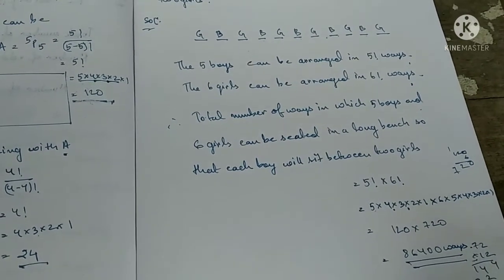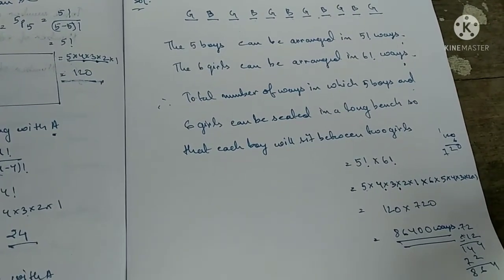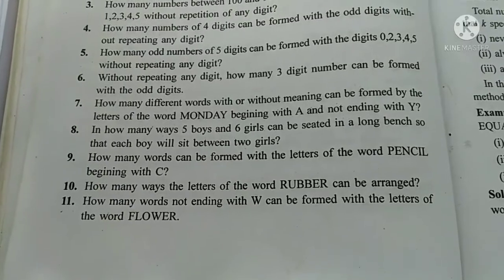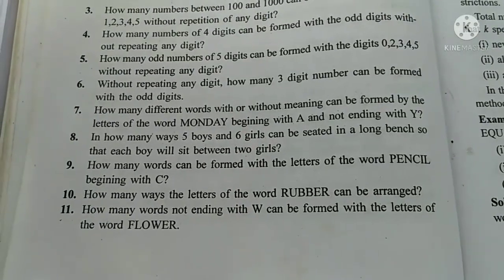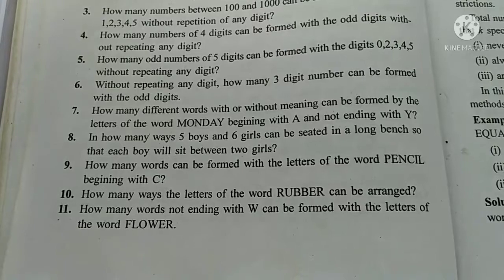Okay. Next I will go to question number 9. So next you see question number 9. How many words can be formed with the letters of the word PENCIL beginning with C?